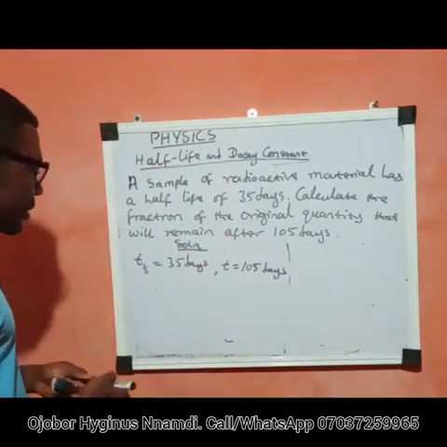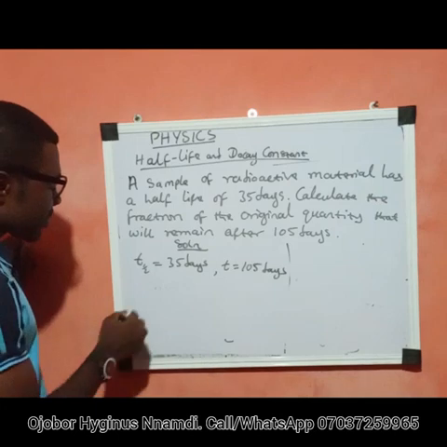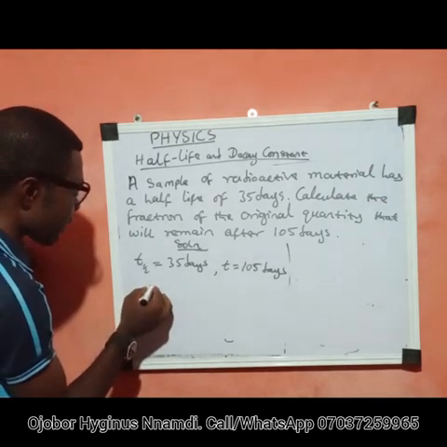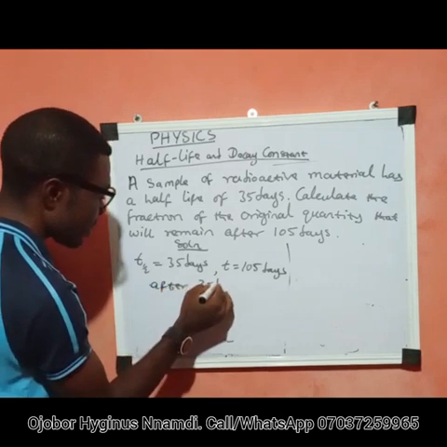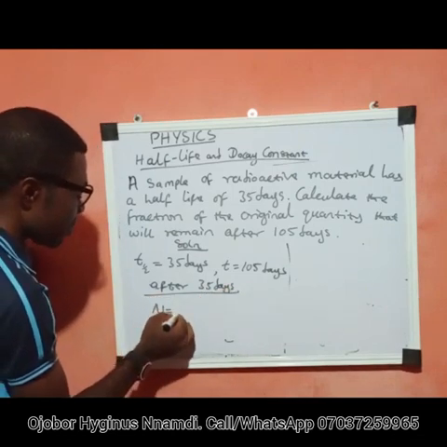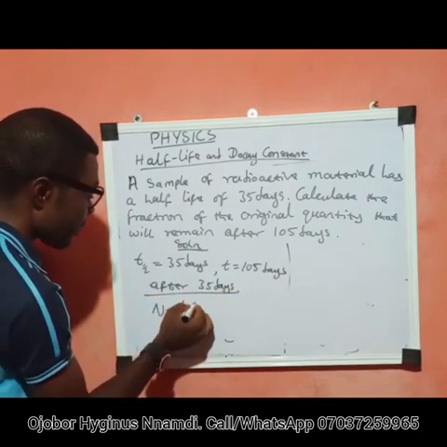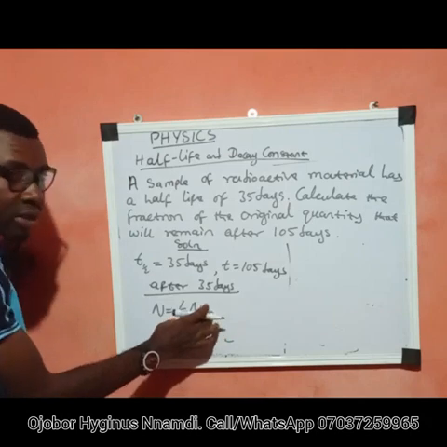Now, if we understand that the half-life of a radioactive element is 35 days, that means that after 35 days, the number that will remain will be half of N naught, because half has decayed. So this is the number remaining.